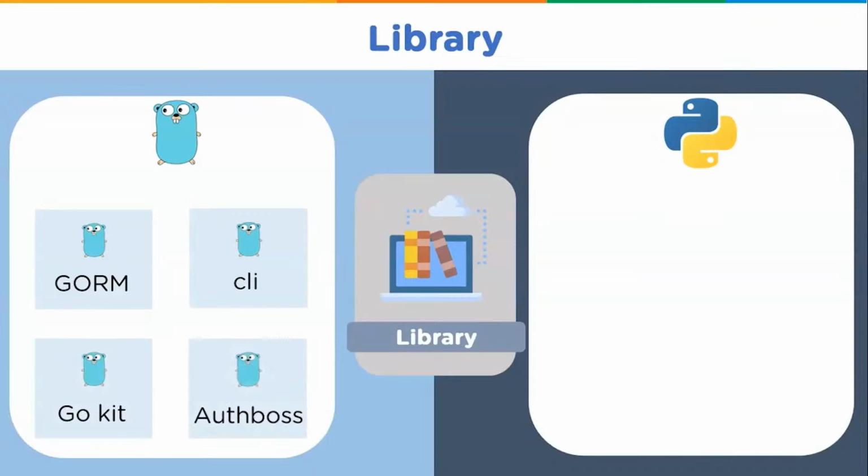Authboss is an easy way to implement authentication and authorization in your web systems. While the number may not be as boisterous as Python's, the covered usage fields are almost identical. They have built-in libraries for web development, database handling, concurrent programming, and encryption.